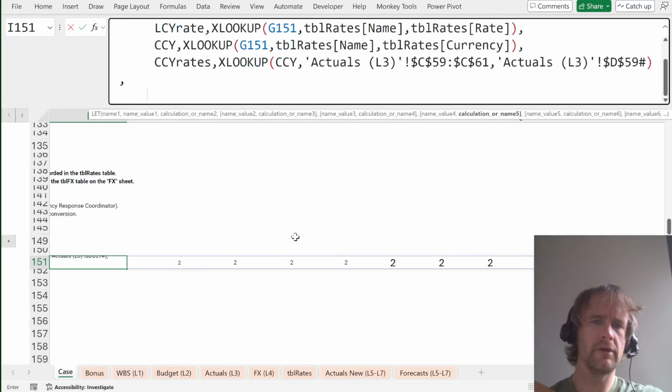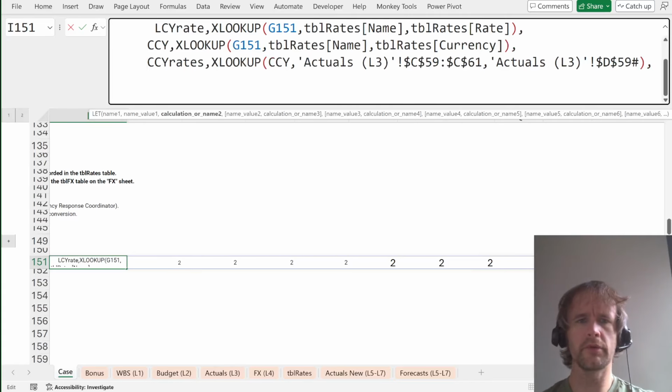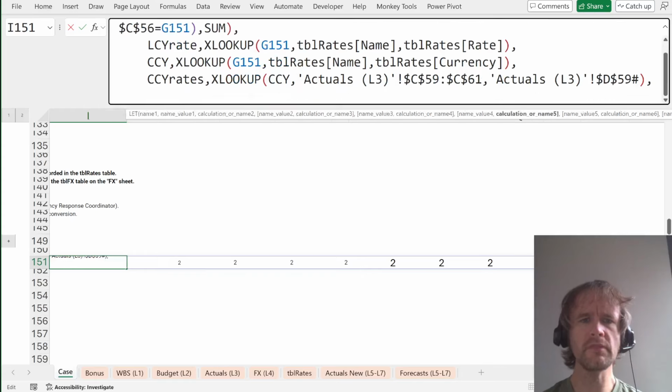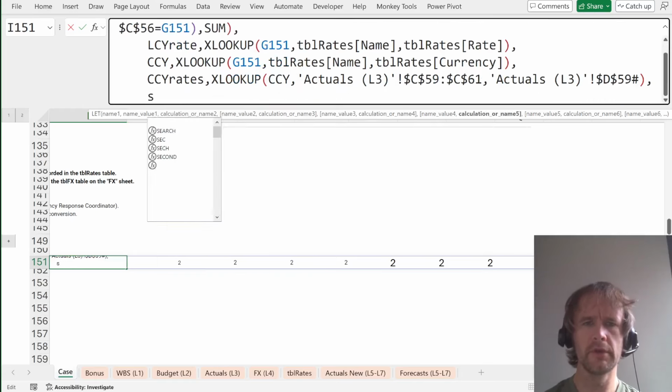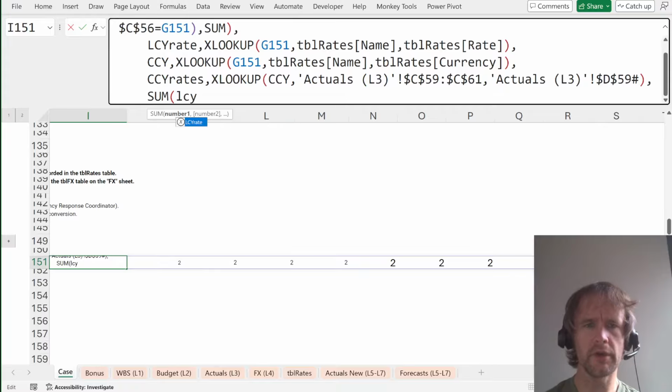And then our final output, oh, I hate having that comma floating there. So bring everything in a little. And then our final output should be sum of LCY rate times, and now I always have to check if I'm doing the currency rates upside down or the right way up, times hours by day.